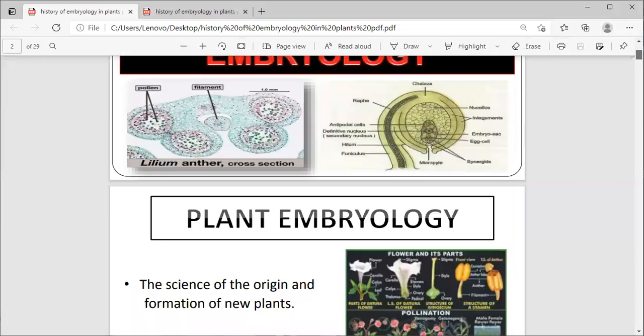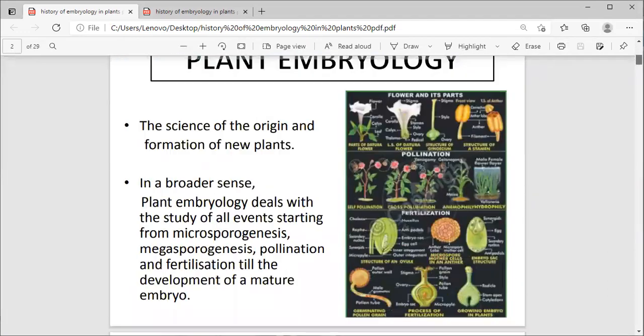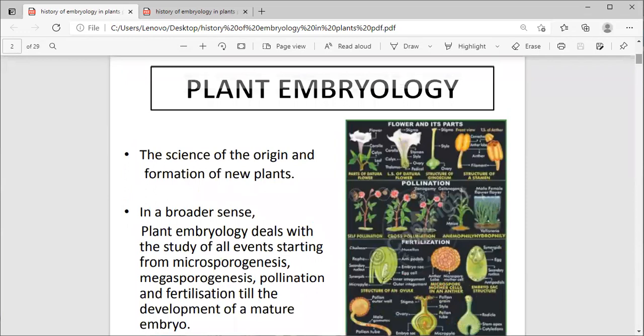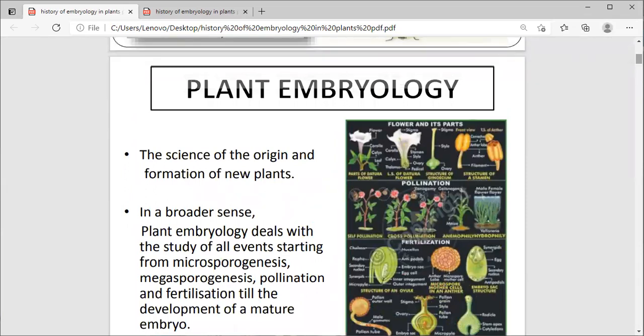So we see one by one. What is plant embryology? Actually, this is the science of origin and formation of a new plant. A plant has different organs: stem, root, leaf, and so on. The flower is an important part here.